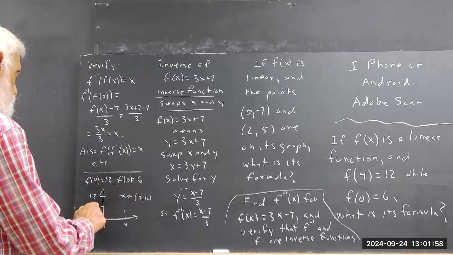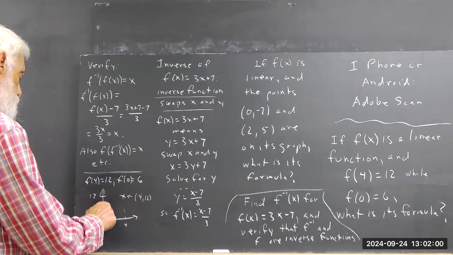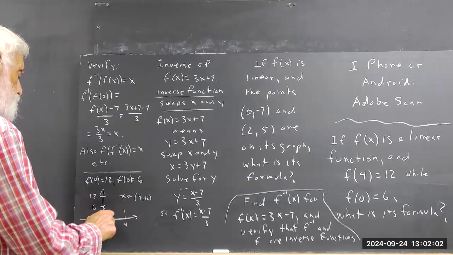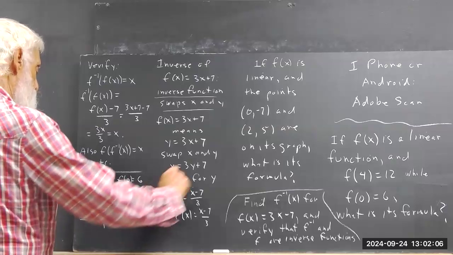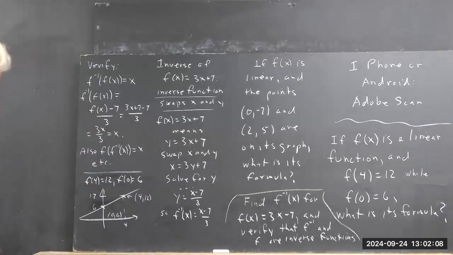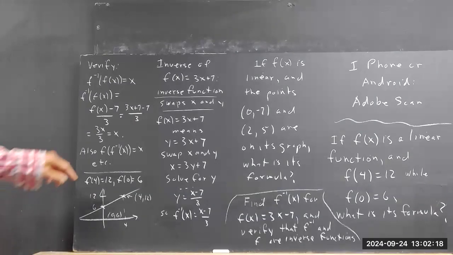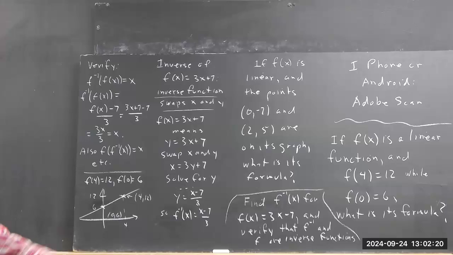Here's the point 0, 6. There's a line through. Looks like I did a good job of that one. Usually I miss when I hit them dead center. Okay, and that line's pretty straight too. Whoa. Okay, well, I'm all proud of myself for that, but let's move on.